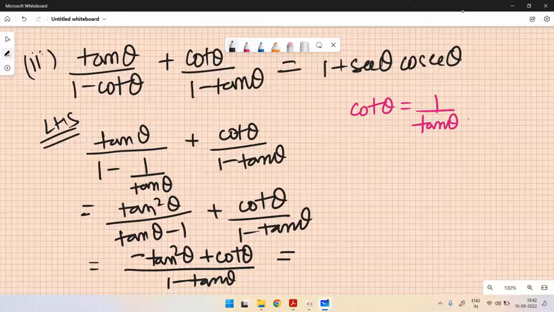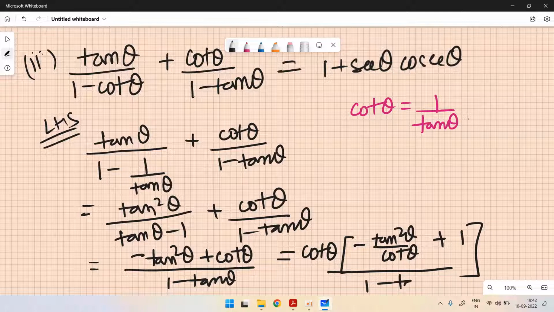Now I am taking cot theta out. This expression will become minus tan square theta by cot theta plus 1 by 1 minus tan theta.